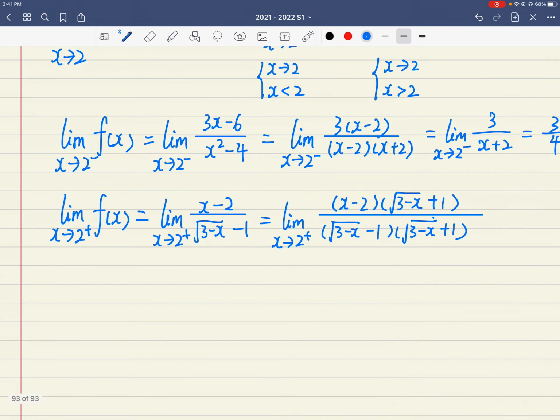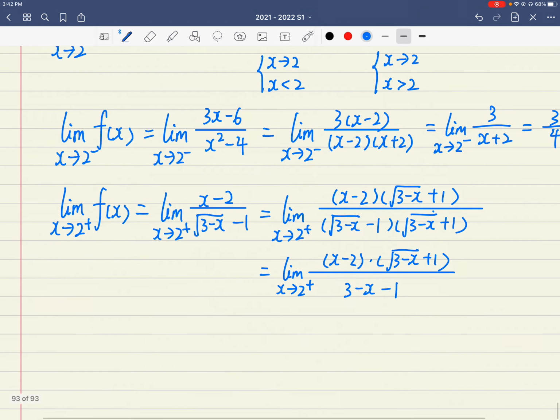Then the top is (x - 2) times this, and the bottom is a minus b times a plus b, so it's (sqrt(3 - x)) squared minus 1, which is 3 - x - 1.